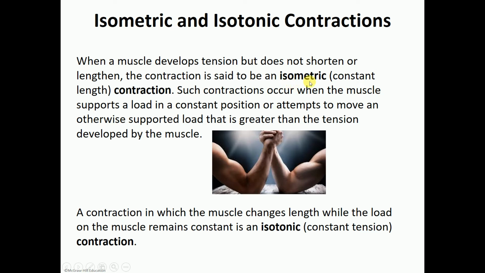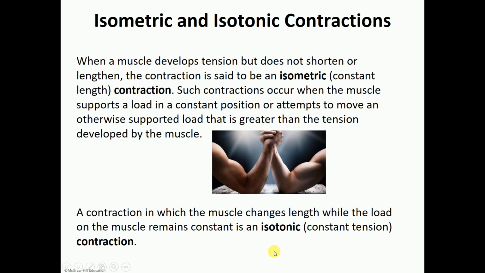So isometric means constant length contraction. And that could occur, for example, during arm wrestling, where these two are in gridlock and the tension inside of the muscles is increasing, but there is no movement being produced. So that again is isometric contraction, where the length of the muscle is constant, but the tension is going up.